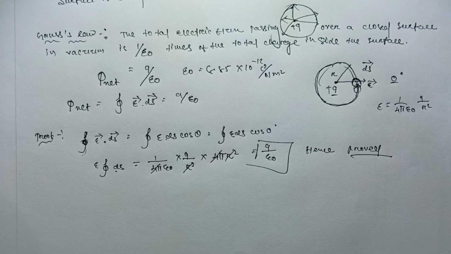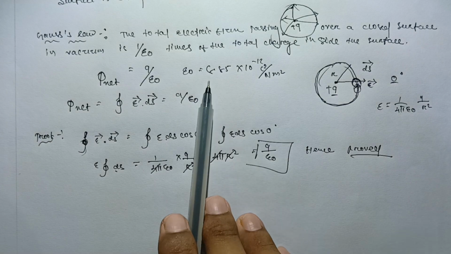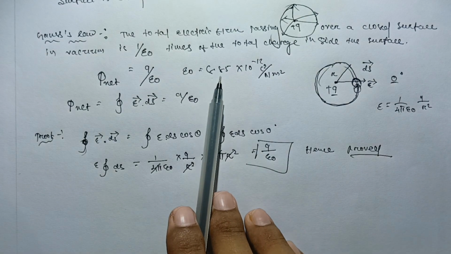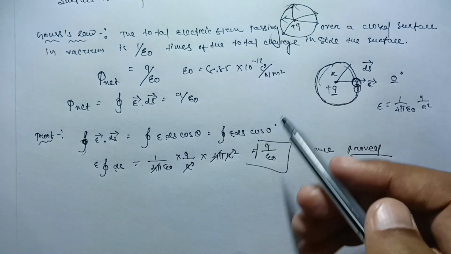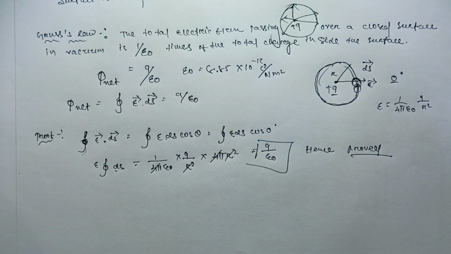Epsilon naught basically is a constant whose value is 8.85 into 10 to the power minus 12 coulomb square per Newton meter square, right?